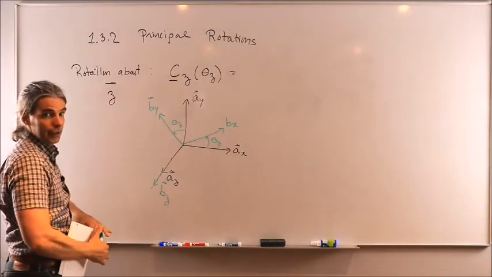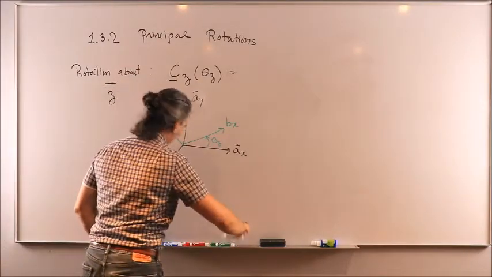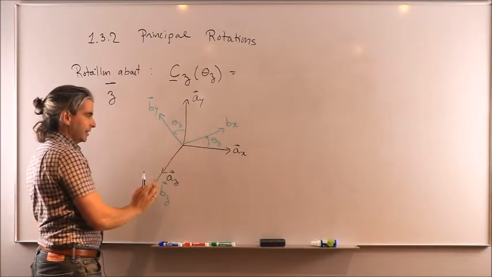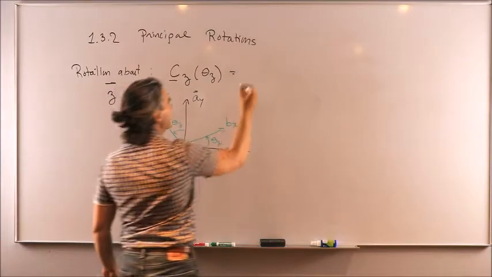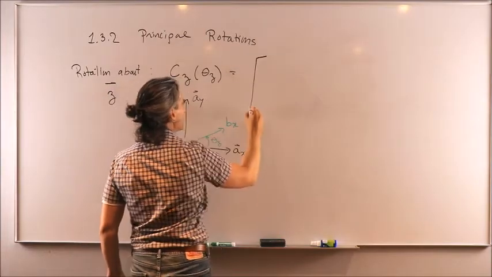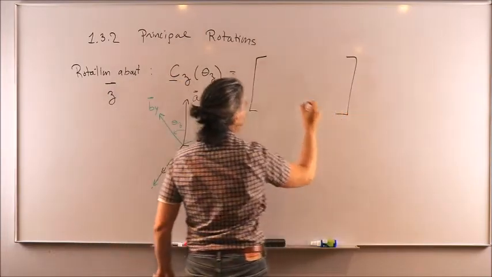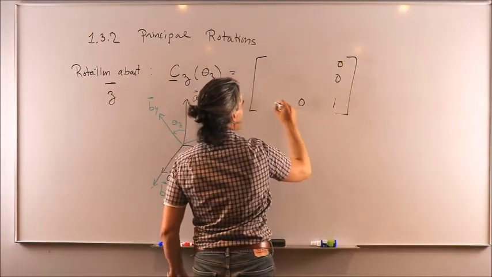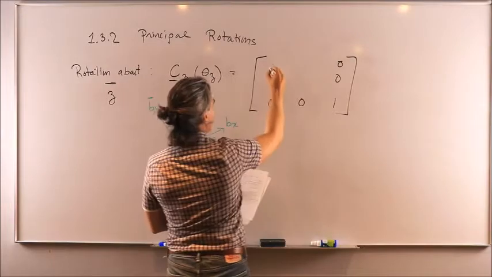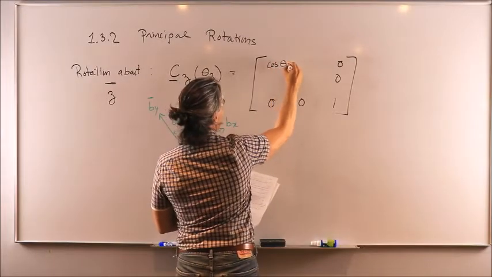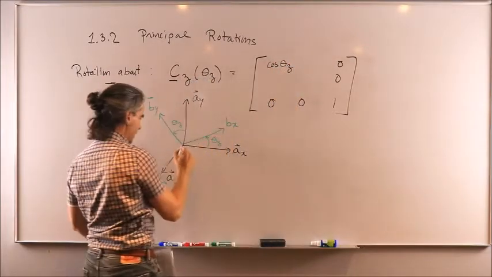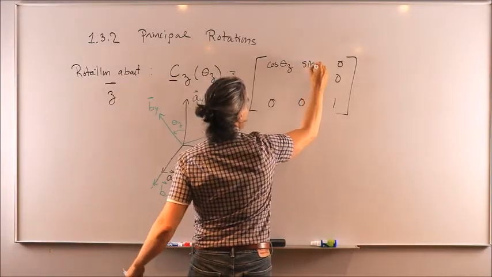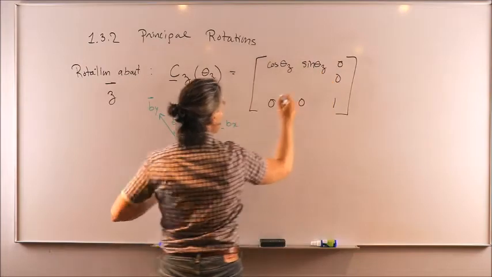If that is the case, if reference frame B is obtained again by a principal rotation about Z only from reference frame A, the answer for your rotation matrix is going to be a 3 by 3 matrix, obviously. That would look something like this, where now you have cos of the angle of rotation about AZ, followed by sine of this angle.